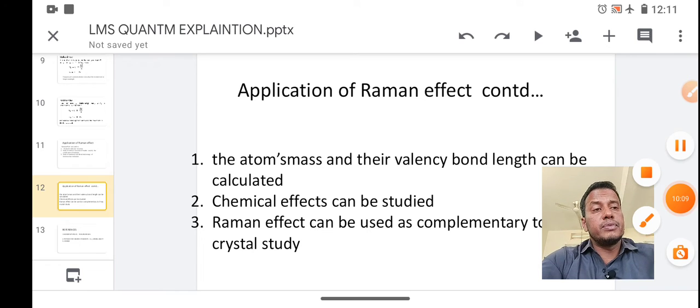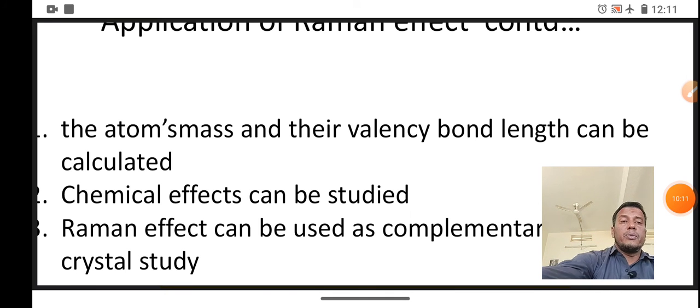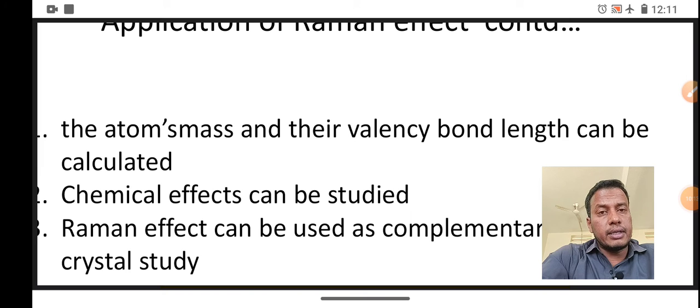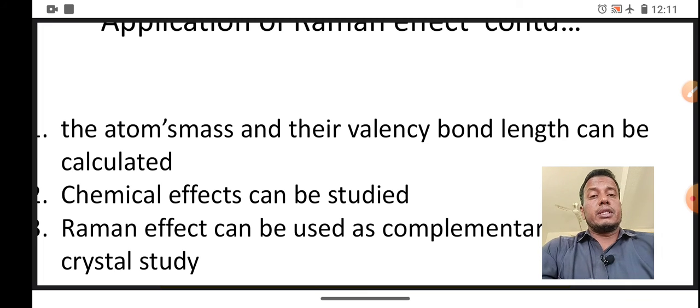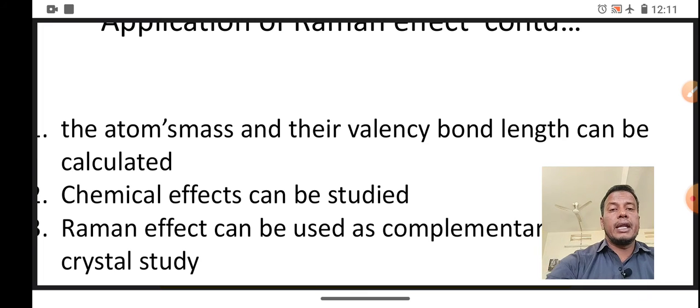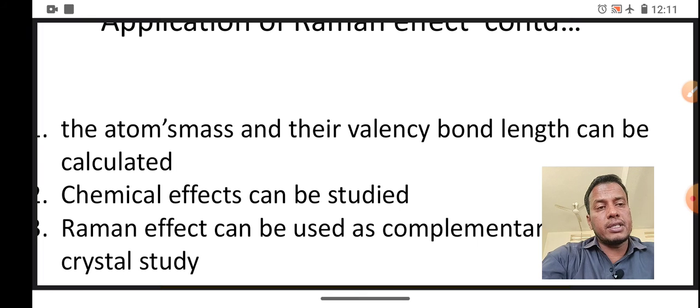The atomic mass, valency and bond length can also be calculated. How diatomic molecules are separated, and the distance between the two atoms, can be calculated using the Raman effect. Chemical effects can also be studied, such as how catalysts help to enhance or reduce chemical reactions.